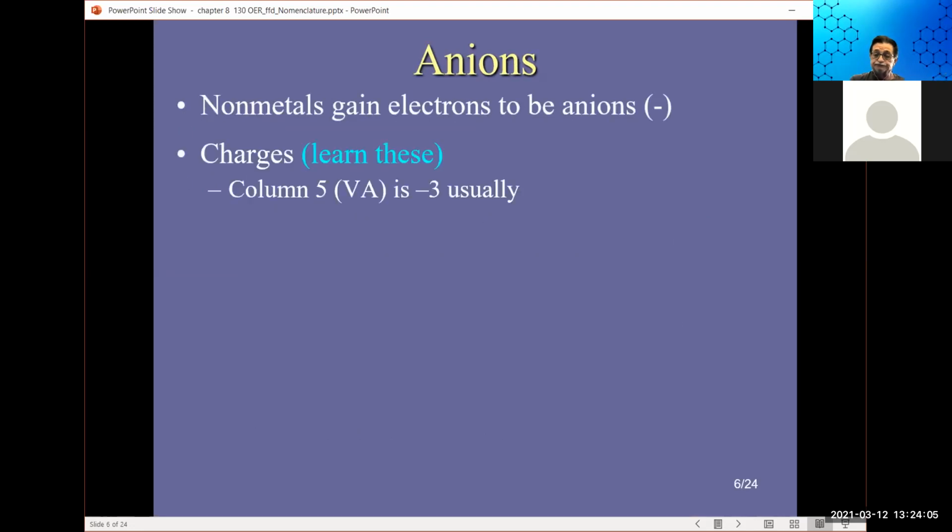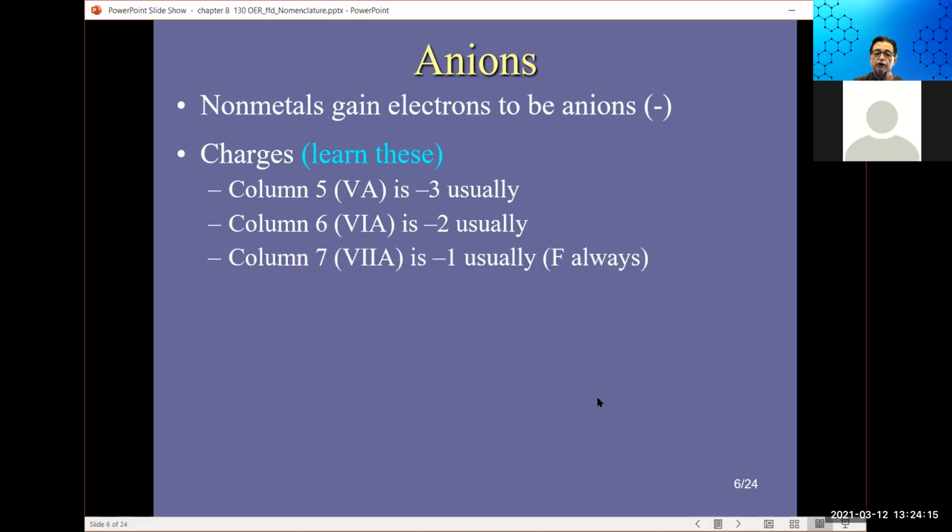Okay, the anions, I showed you the periodic table. Okay, group 5, always a -3 because they're nonmetals, they're gaining electrons. Group 6, always a -2. Group 7, always a -1. Now, fluorine will always, 100% of the time, have a -1. The other ones, chlorine, bromine, iodine, have the capability of not having a -1 all the time, especially when they act as a central atom.